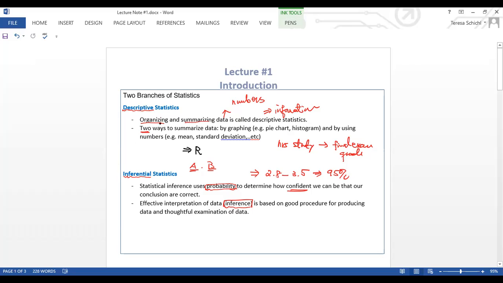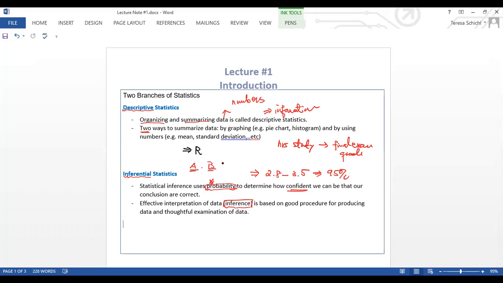That's why we want to organize and summarize data. Then, based on this, we can draw the conclusion. And when we draw the conclusion, I want my confidence in it to be as big as possible. That's why it's associated with probability, to determine how good your conclusions are.